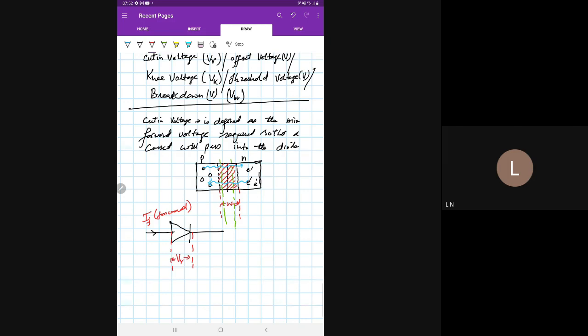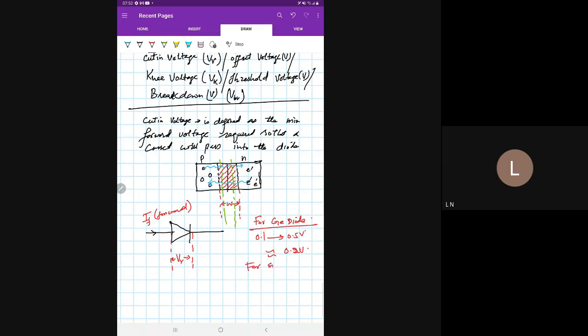Now, the value of cut-in voltage is different for different diodes. If the diode is made up of germanium, for a germanium diode, the value of cut-in voltage is from 0.1 to 0.5 volt. Typically, it is 0.3 volts, or 0.2 volt. Its typical value is 0.2 volts.